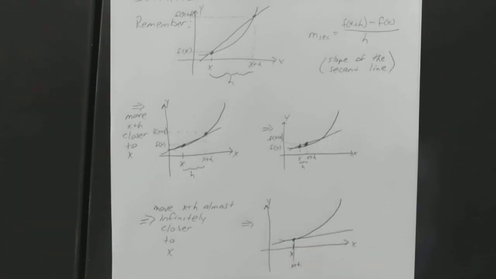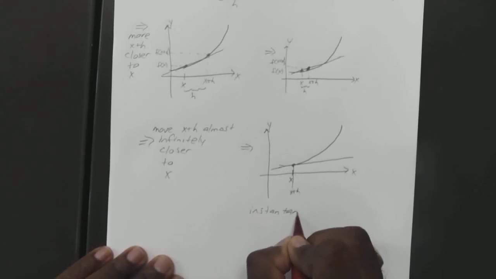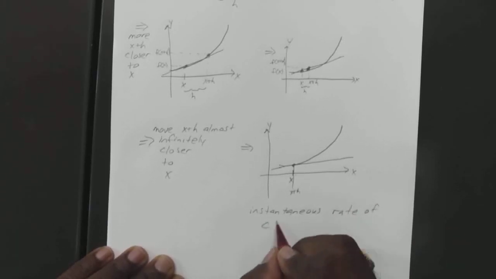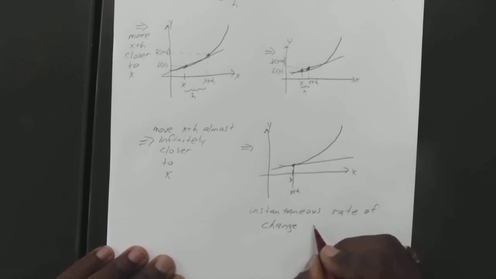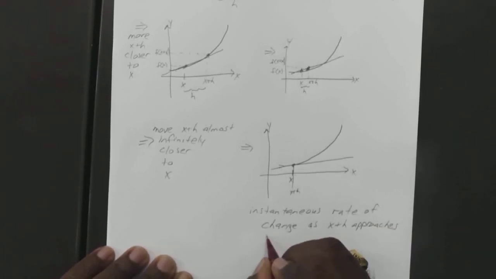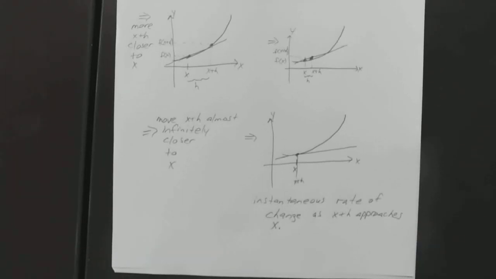That's the only point on the graph that it touches. It doesn't go between any two points. And we knew that was our instantaneous rate of change at x, as x plus h approaches x. Okay, so that's what we did last time.